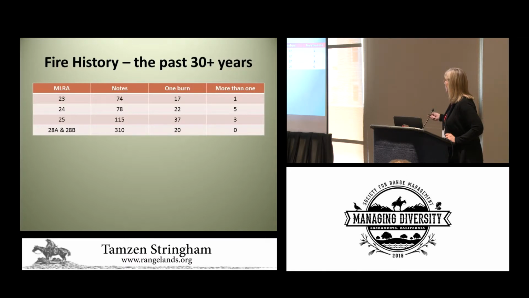And in 25, 3. And in 28 A and B, there weren't any that had burned more than once. So we have a different pattern of fire exposure right now. And we had 310 notes.